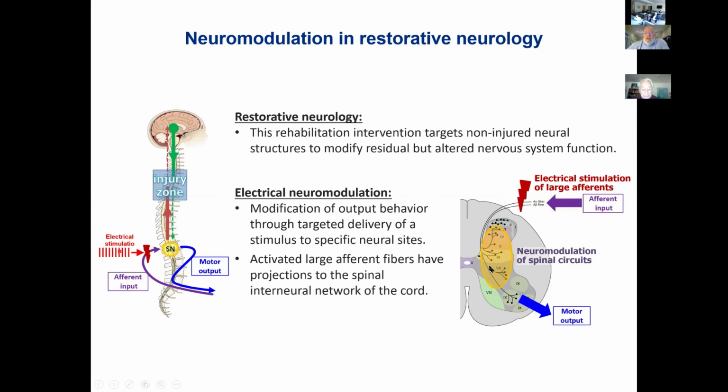And the idea is that stimulation of dorsal root afferents, these large fiber afferents, the lowest threshold ones for depolarizing in the face of external electrical stimulation, can be a way in. And this is probably both direct activation of motor units at certain strengths to get reflex output, but also there's access to all the interneuronal pools that lead to the neuromodulation of the spinal circuitry.